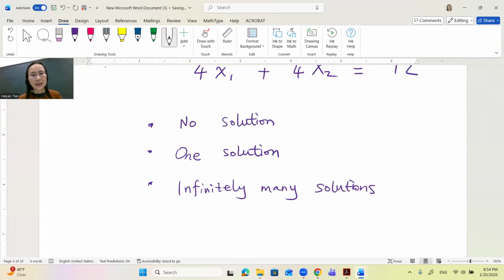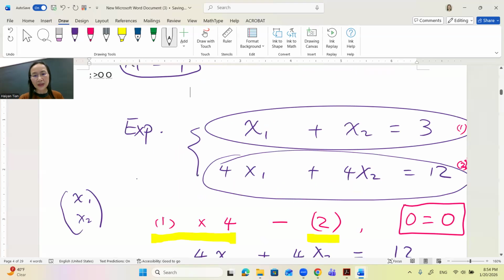So a third case is, okay, again, a system of two equations. And if we try to visualize the solution set, as we noticed, this first equation, if I multiply it by 4, I will get 4 times 3 is 12.